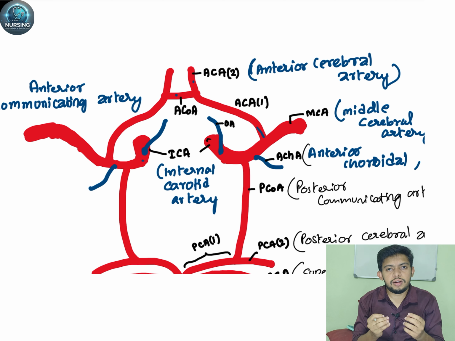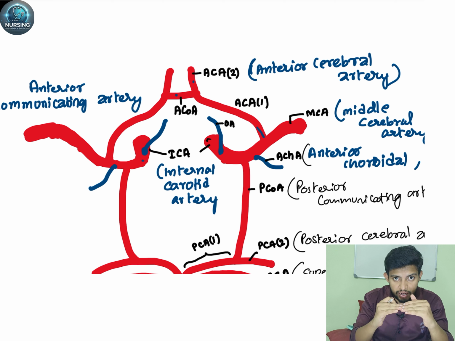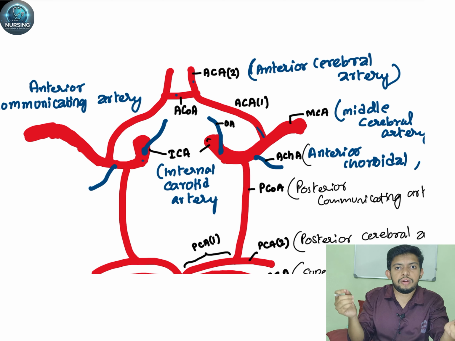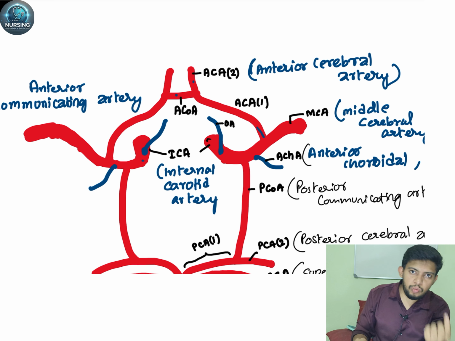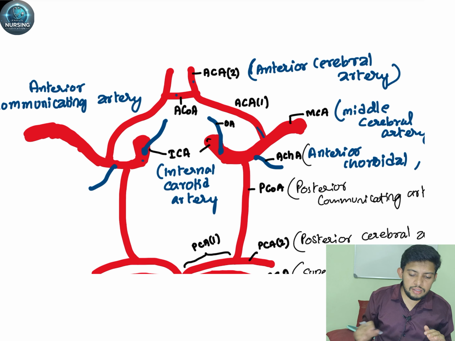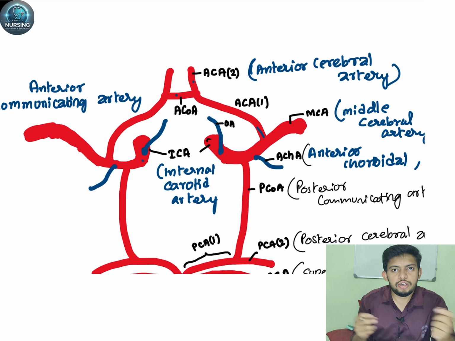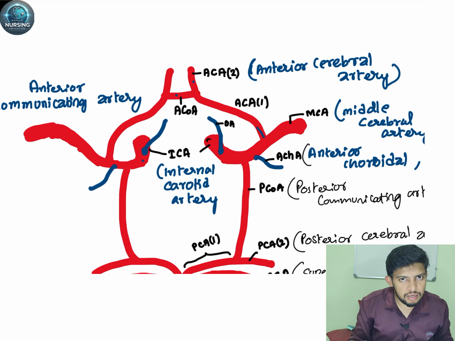This middle cerebral artery is the continuation of the internal carotid artery, where the termination occurs, meaning the two terminal branches. Anterior cerebral artery is a small artery, whereas middle cerebral artery is a large artery. Clear? And it is not a branch, it will bifurcate into two: small anterior cerebral artery and medium size middle cerebral artery.